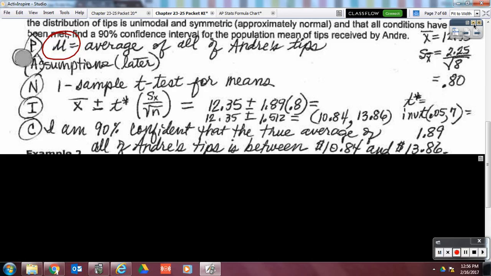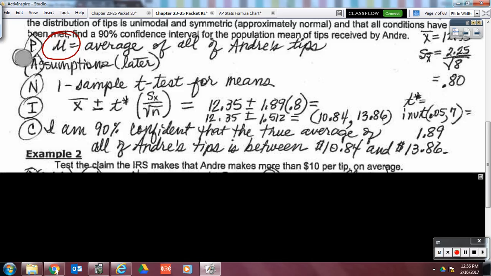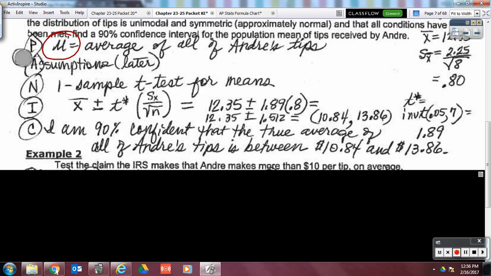And so then before we finish, and I have you go start on your homework, because I want you to do at least the first 5 on that because they're just calculator stuff before you leave today, I want to ask you a question about what we're going to get into tomorrow. The next thing tomorrow says, test the claim that the IRS makes that Andre makes more than $10 per tip on average.